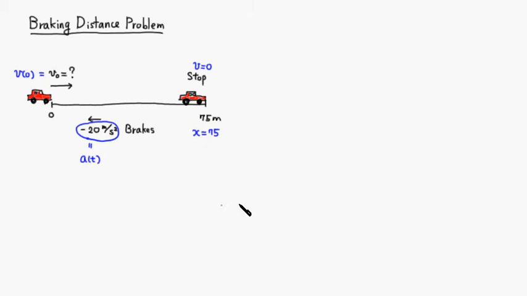All right, so let's start with acceleration. We know that the acceleration a of t is negative 20. Let's take the antiderivative and find the velocity function, v of t.